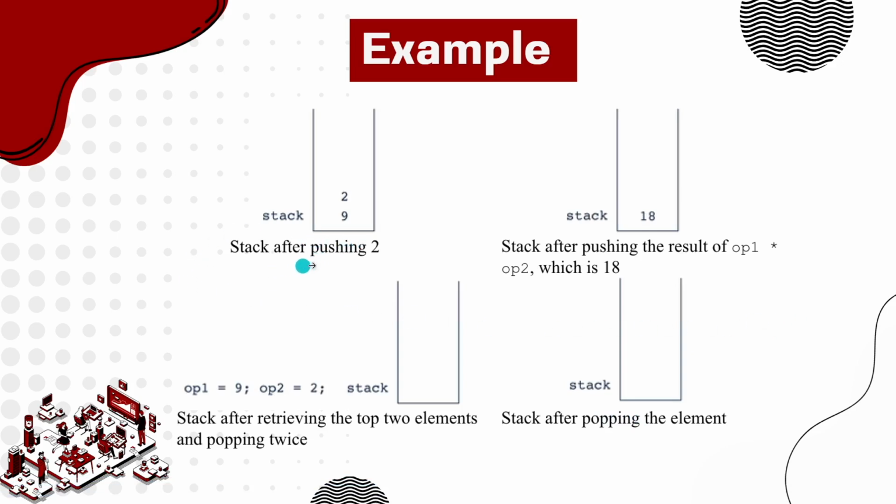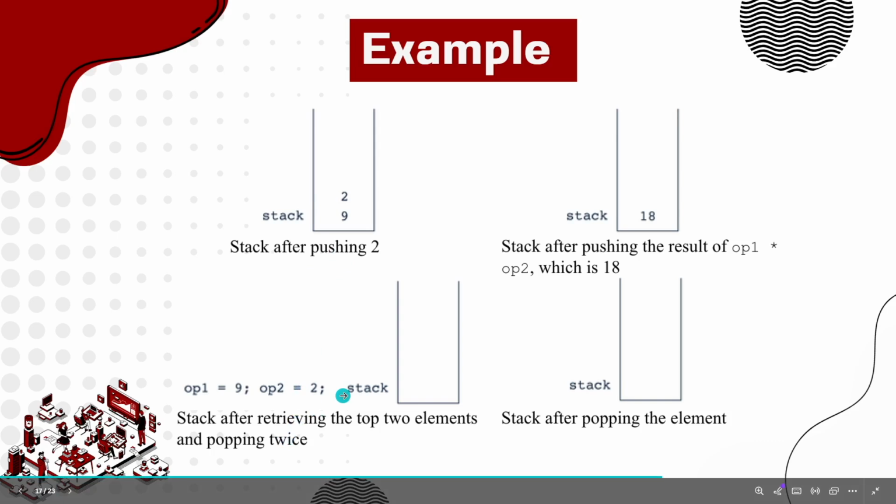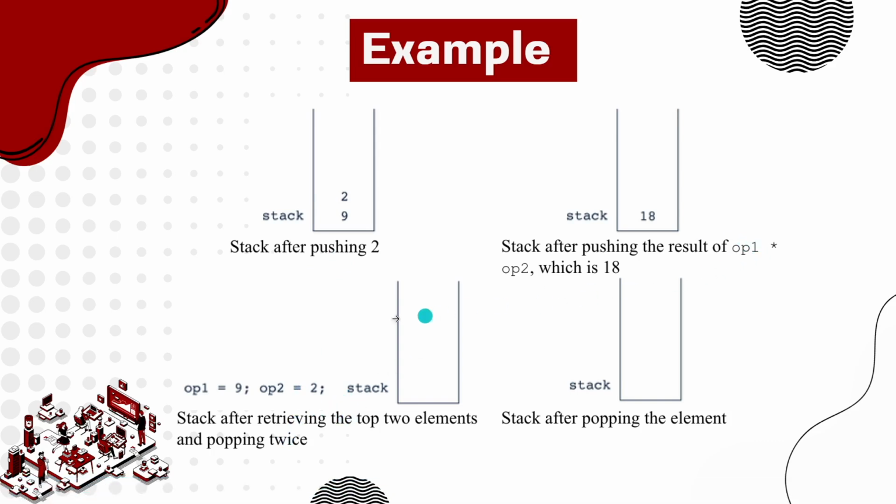Now, we have the rest of the input to be processed. We have a 2, it is an operand, so we push it onto the stack. Then we encounter one more operator, which is star. When we encounter a star, we pop 2 entries from the stack, that is, 2 and 9, perform a multiplication of 9 and 2, and the result is 18, which is pushed onto the stack.